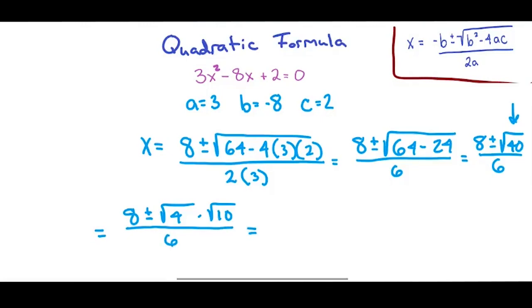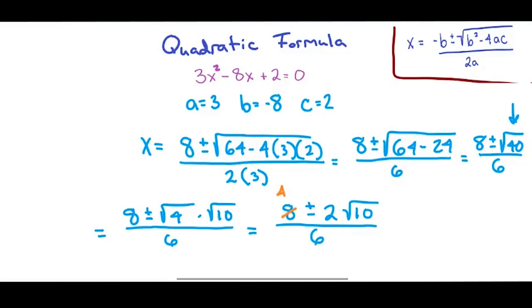Well, I know the square root of 4, so that's 8 plus or minus 2 square root of 10 over 6. Now I notice that my 8, my 2, and my 6 are all even numbers. That means they can all be divided by 2. So I'll divide them all by 2.